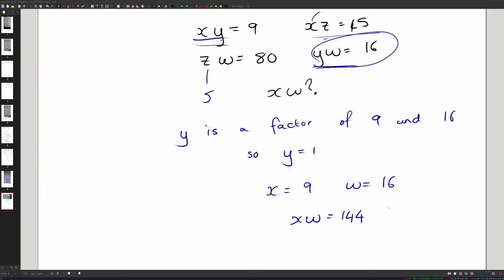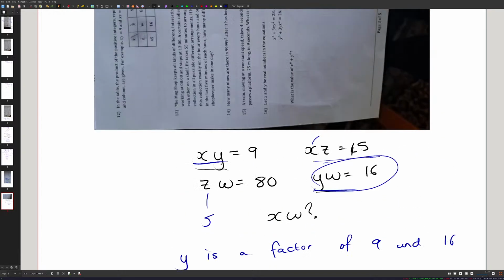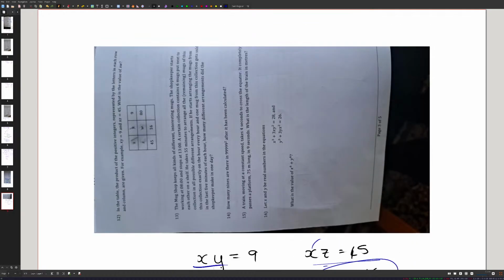So yeah, xw is 144. And we probably have to actually use that they're integers, otherwise I'm not sure that the value of xw is uniquely determined, but it doesn't really matter.